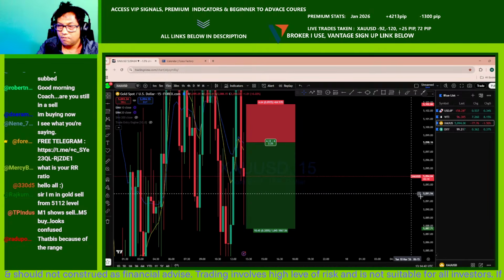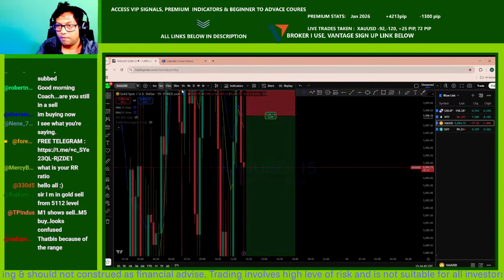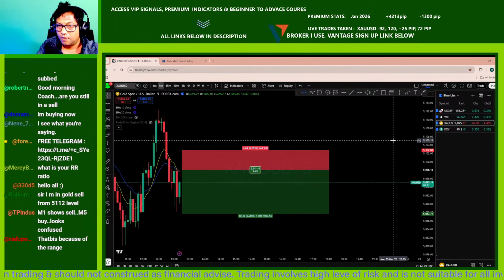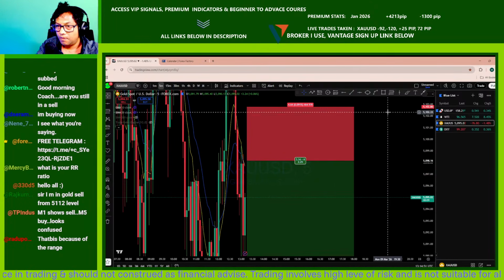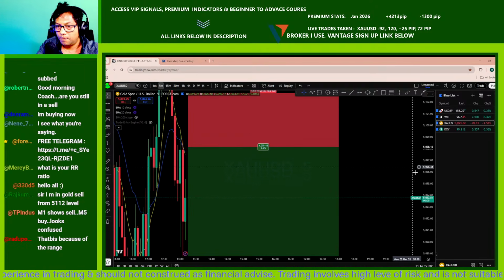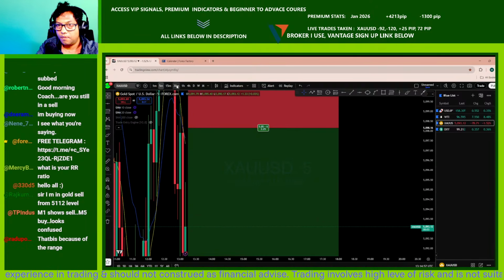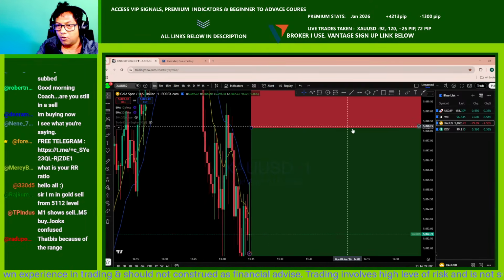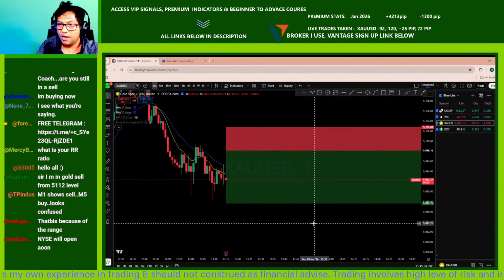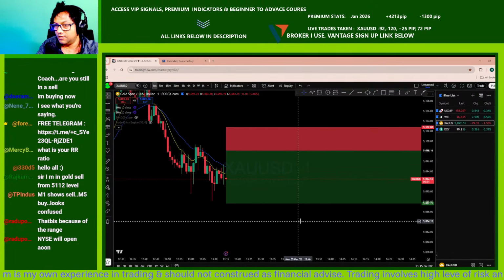It's interesting. Okay, big long wick. I'm pretty optimistic that this candle will break below.